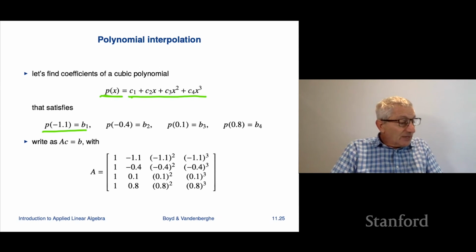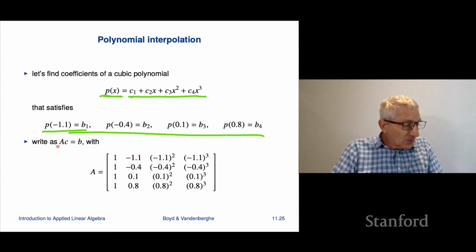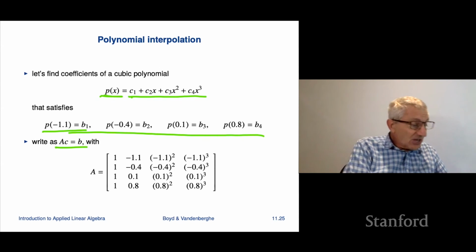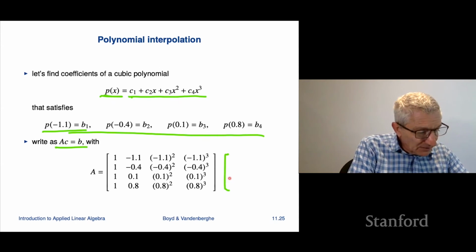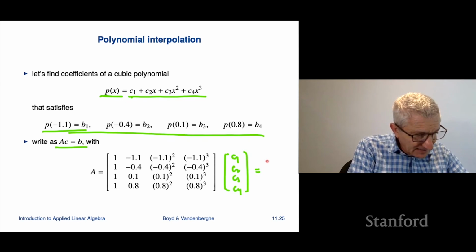Okay, now we can write these interpolation conditions as just a set of linear equations. It's A c equals b. And to check that, you would put c1, c2, c3, and c4 here, right? And see if this is what it's supposed to be.